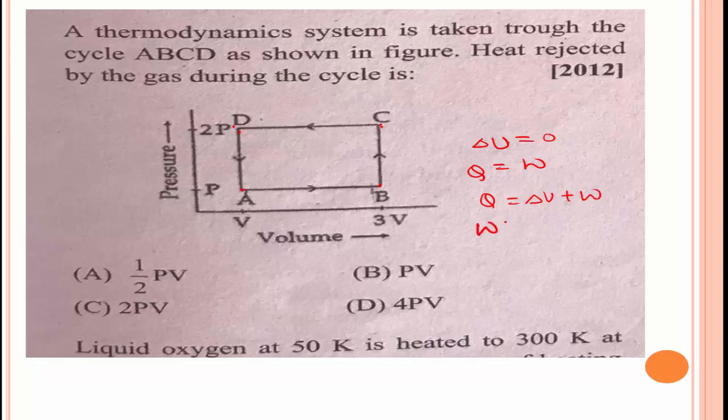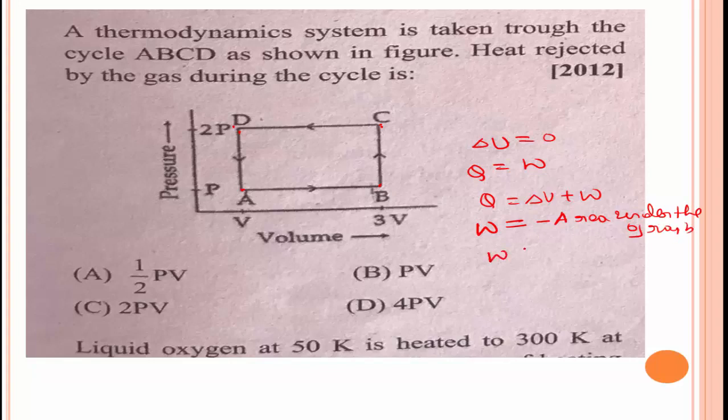Also here W means work done. Work done is equal to minus the area enclosed by the curve. The work done is calculated using this graph, that is, work done is equal to minus the area under the graph.